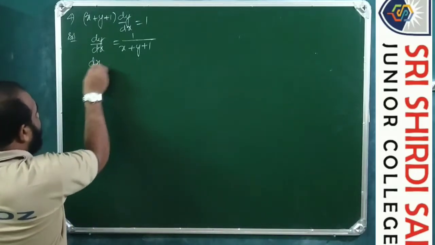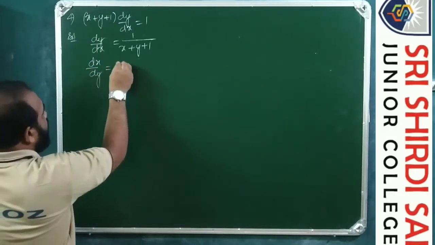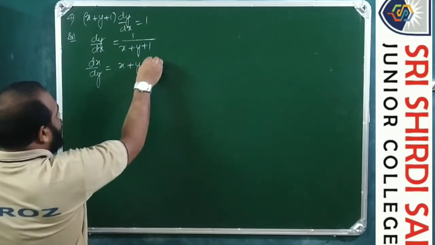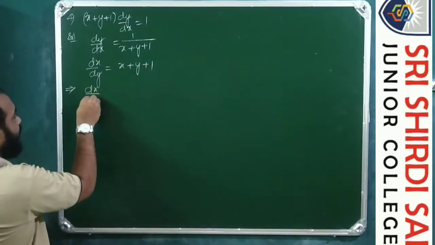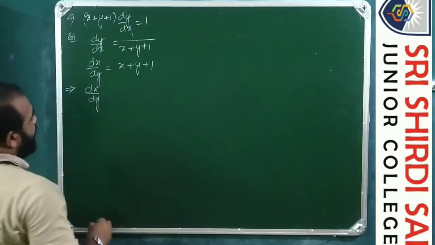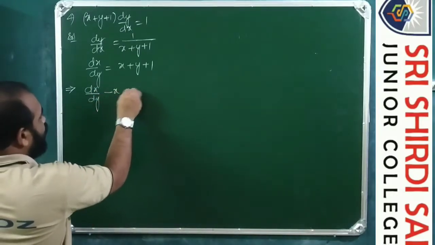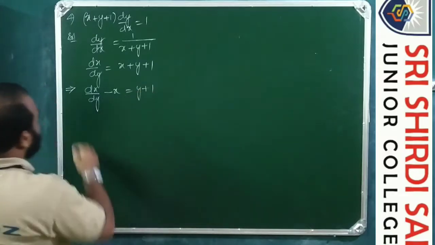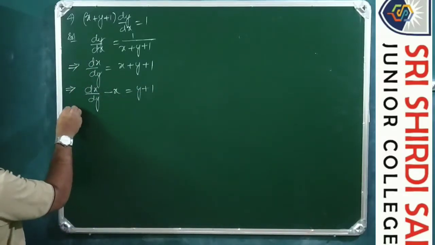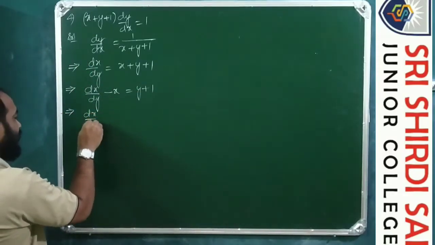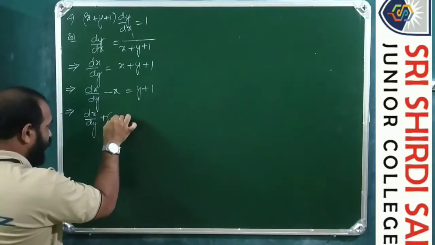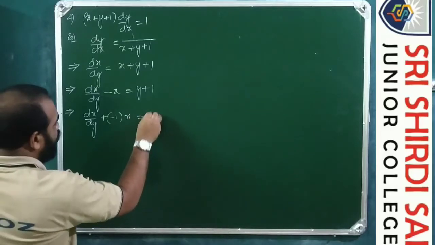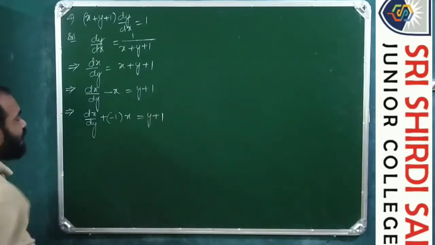So dx by dy equals to x plus y plus 1. Now this gives dx by dy minus x is equals to y plus 1, that is dx by dy plus minus 1 into x is equals to y plus 1.